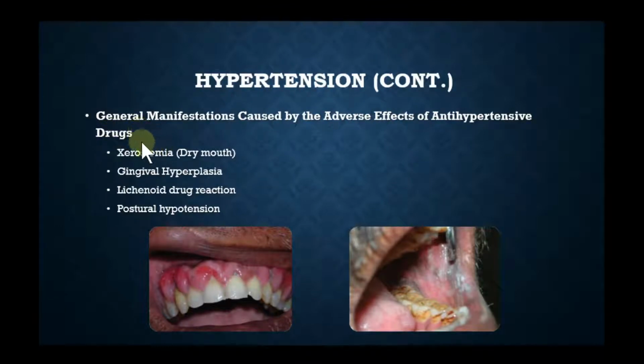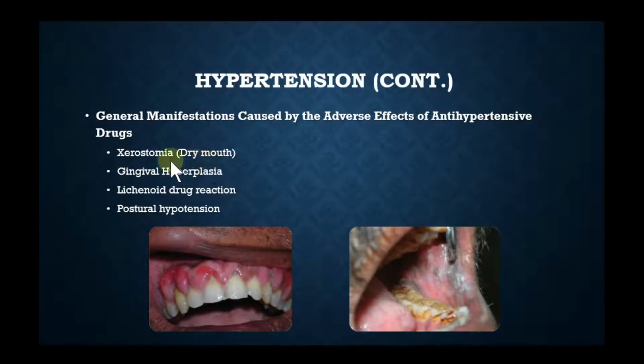Antihypertensive drugs might cause xerostomia, which is dry mouth. It can be seen with patients who take thiazide diuretics and angiotensin converting enzyme inhibitors like captopril. The incidence and the severity of xerostomia increase with the dose of these medications and if these medications are taken together.